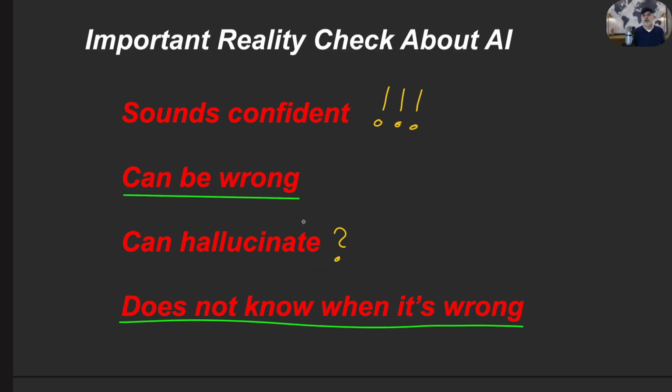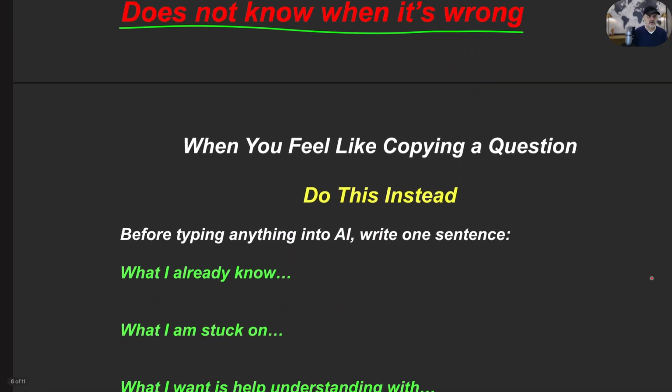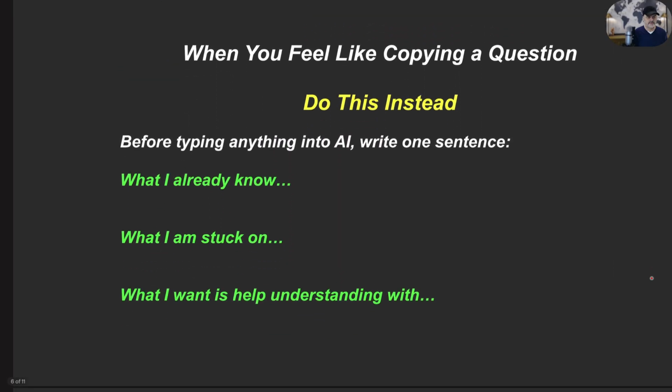But how would you know when the machine is right or wrong? We're going to teach you that, but you have to be aware of the possibilities in front of you. It's not to say that you should avoid using it or be scared. You have to tweak it so that it benefits the particular goal you have in learning.